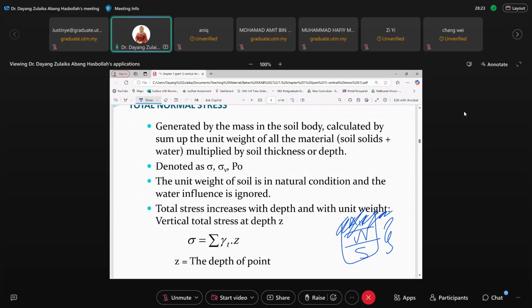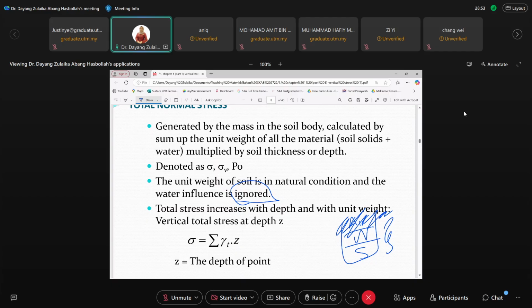So the unit weight of soil is in natural condition and water influence is ignored, meaning that when they say water influence is ignored, you include the water in your calculation. Compared to effective stress, which only calculates the stress generated by the soil particle only.